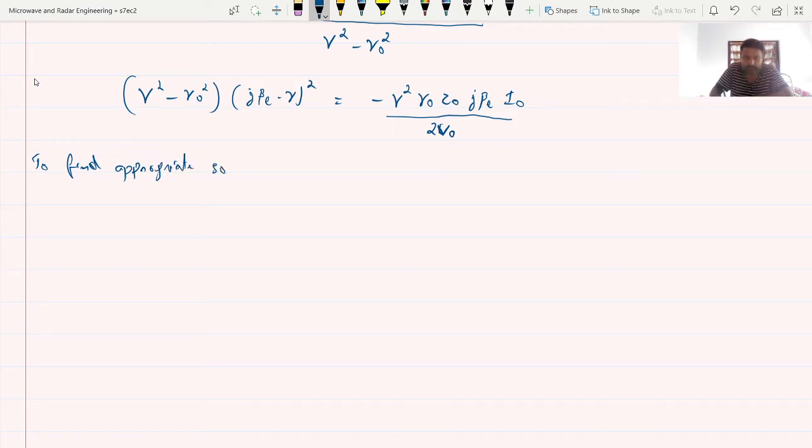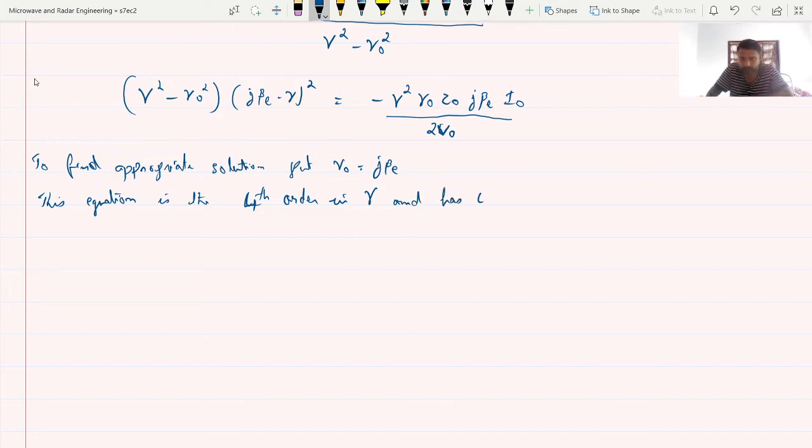After putting this, you will get an equation that is of fourth order in gamma and has 4 modes.